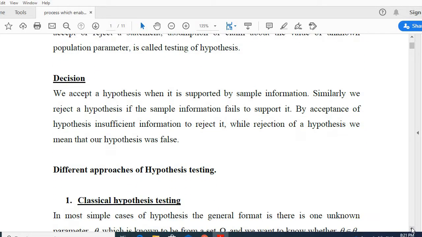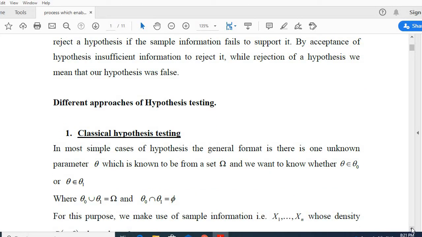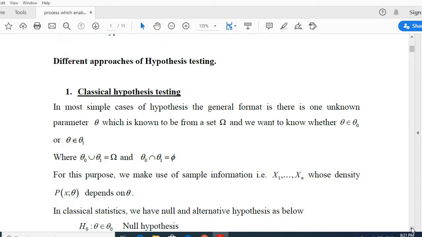Different approach of testing of hypothesis. Classical hypothesis testing. In most simple cases of hypothesis, the general format is there: one unknown parameter theta, which is known to be from a set of population capital omega.